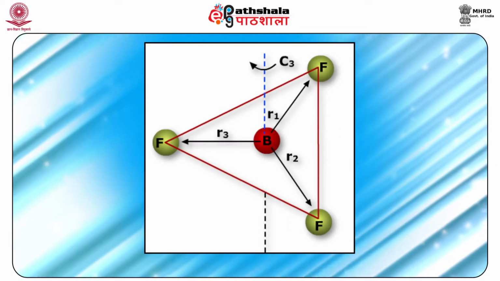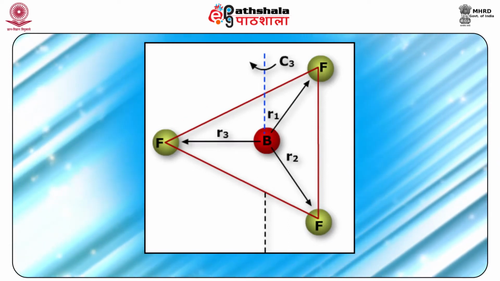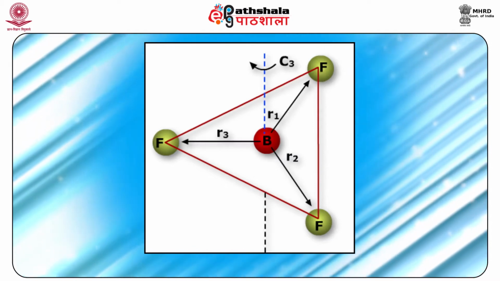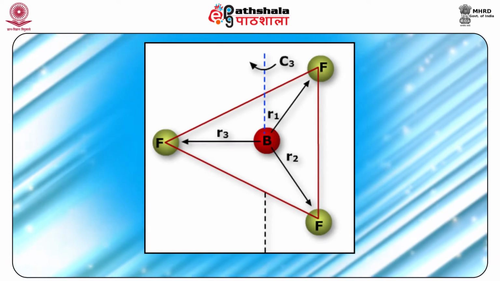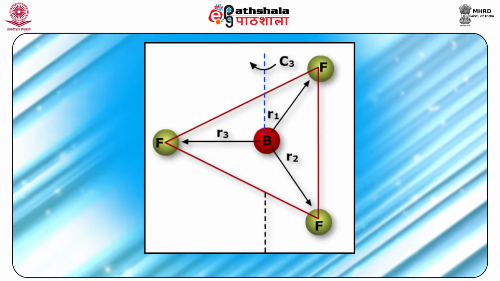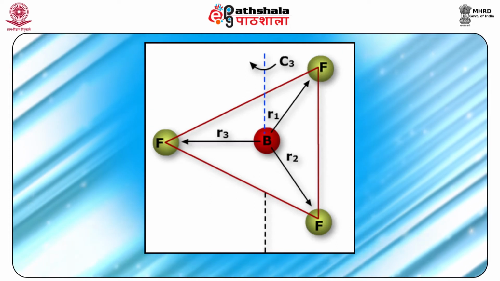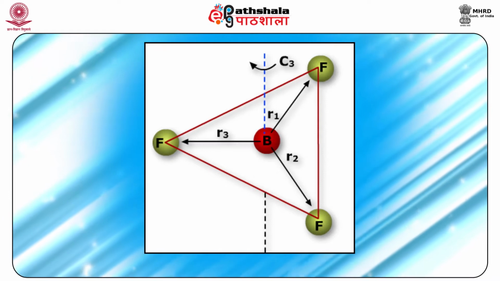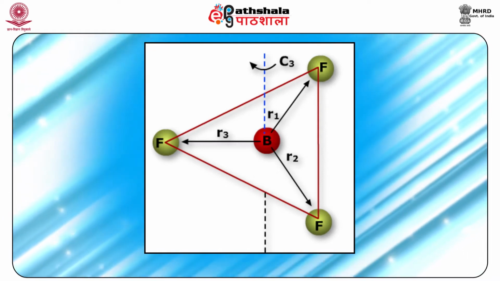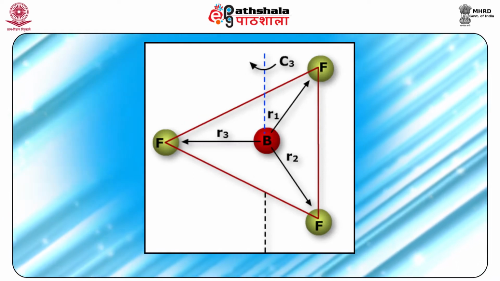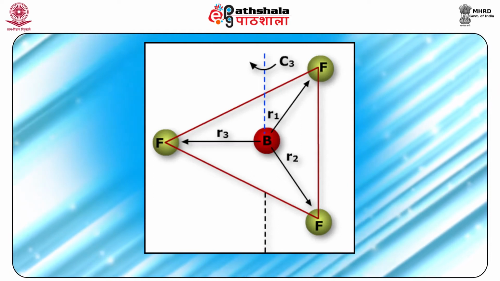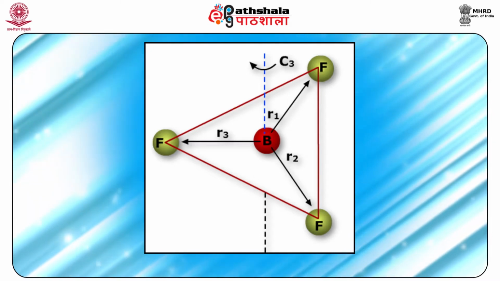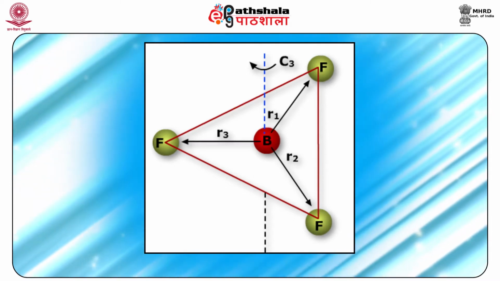For discussing this procedure, I will take the three B-F bond vectors as the basis for finding the reducible representation. This reducible representation will then be reduced to irreducible representations. Bases for these irreducible representations will then be read from the character table of the D3h point group. The B-F bond vectors are shown in the figure, and in the model it is shown like this.